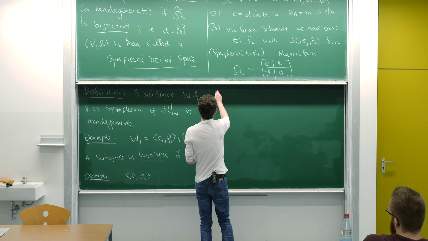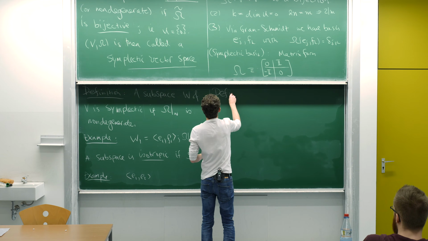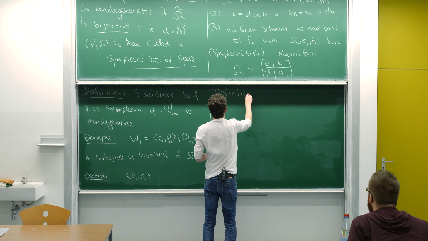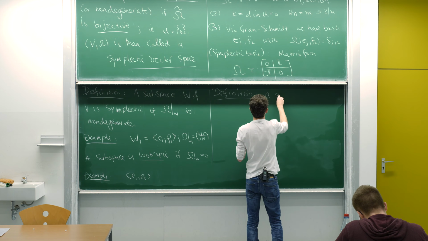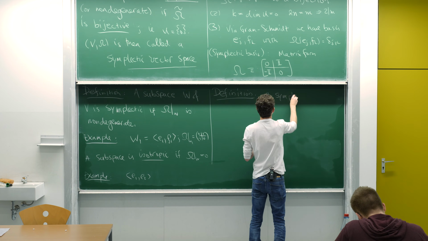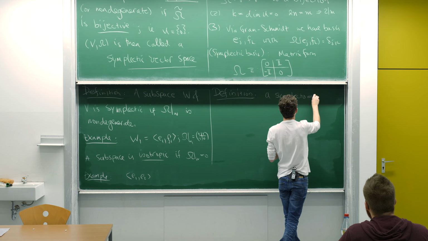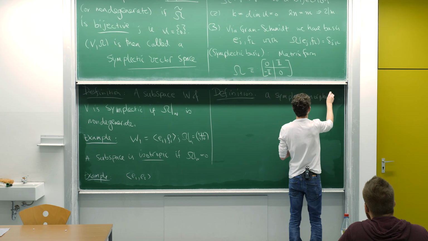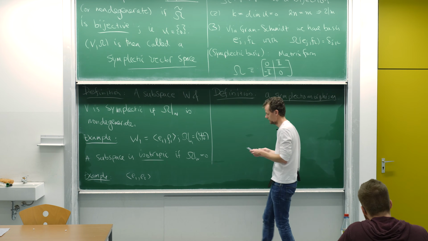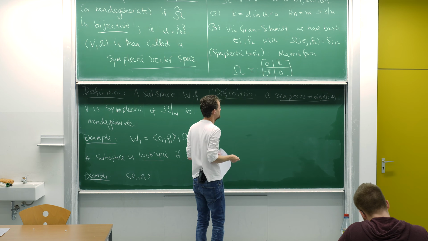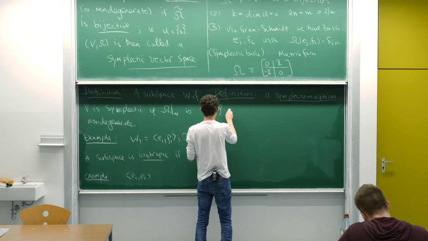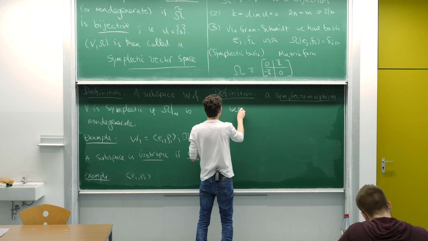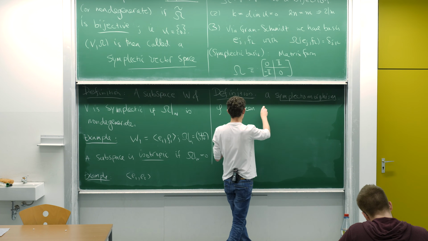So that's why we better settle on what morphisms we're going to allow. They're going to be called symplectomorphisms. Well, bit of a mouthful, but that's what they're called.